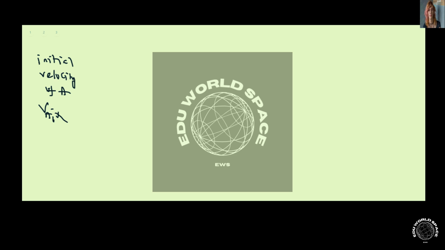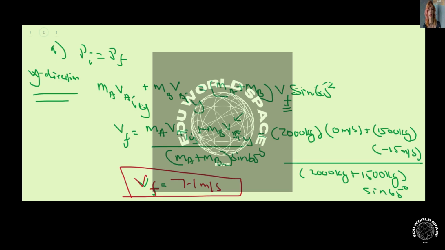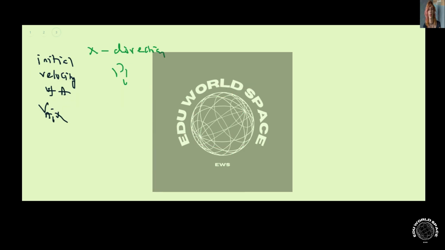So we're going to use the x direction formula. Now we're dealing with x direction, and so we're saying the initial momentum in the x. Before, we used the initial momentum in the y direction, just to be clear about that. Now we're saying initial momentum in the x direction equals the final momentum in the x direction.